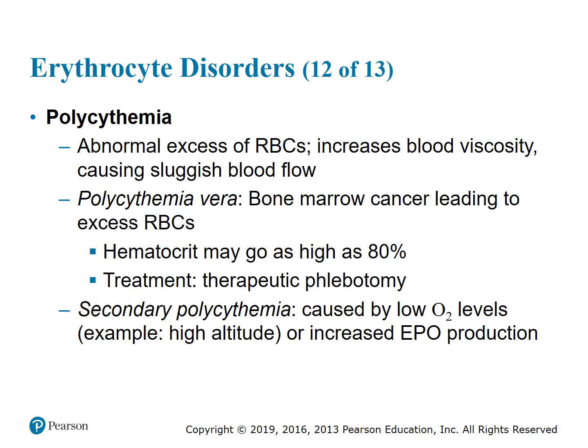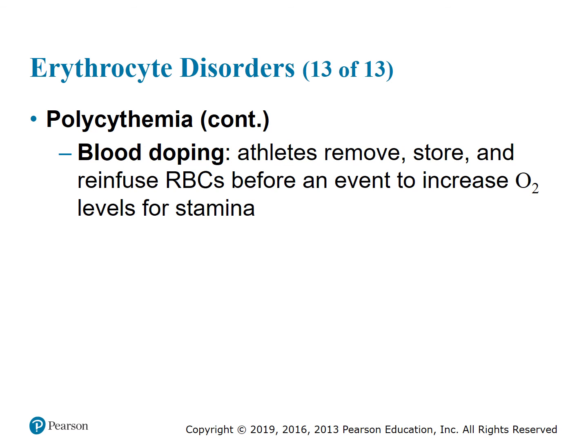Secondary polycythemia is caused by low oxygen levels, for example, at high altitude, or increased EPO production. Blood doping is when athletes remove, store, and reinfuse their own red blood cells before an event to increase oxygen levels for stamina.